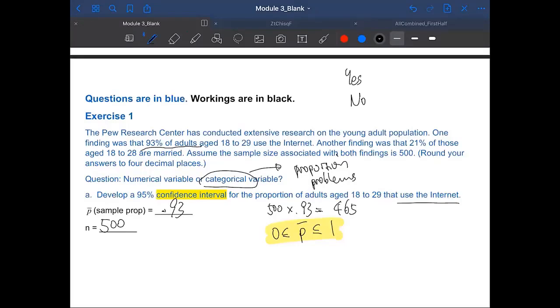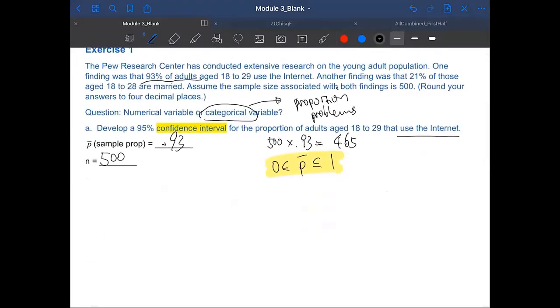Good, good. Okay, great. So there are several other things I want you guys to focus on here. From the wording of the question, it says develop a 95% confidence interval. So this is a confidence interval problem, and we should use the right formula for confidence interval.